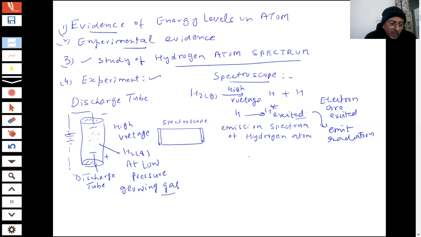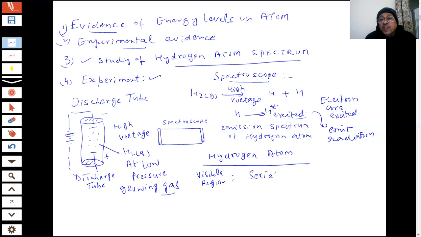But in the case of hydrogen, students, what they observed in the visible region was a series of sharp, bright lines on a dark background.